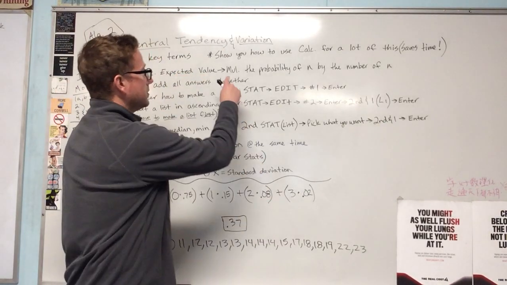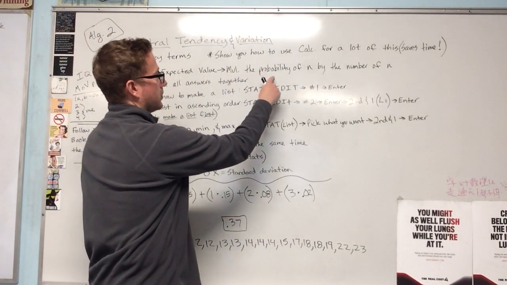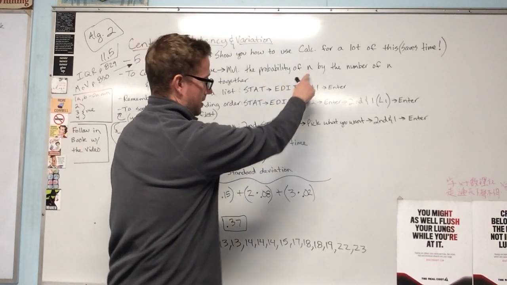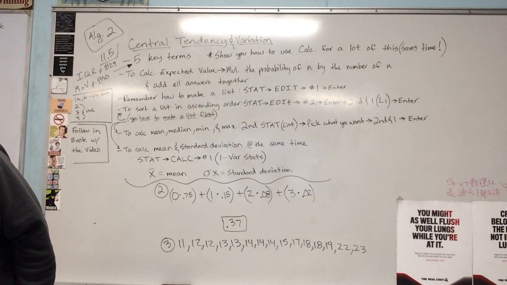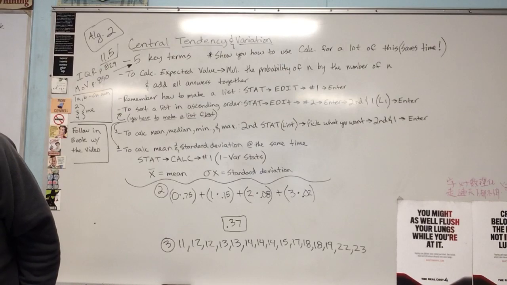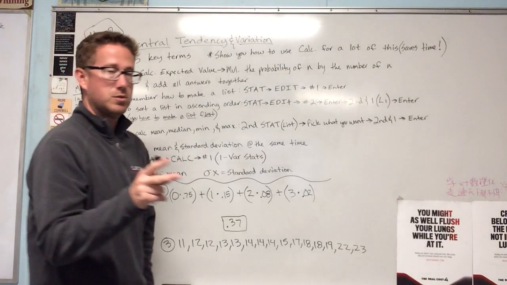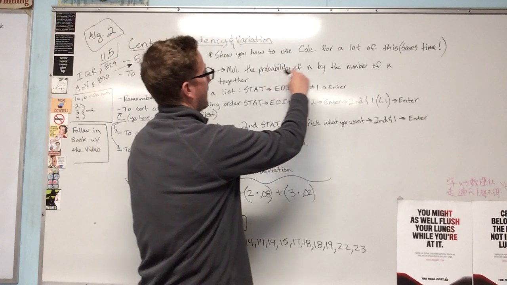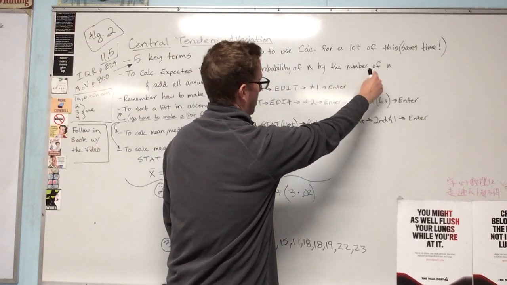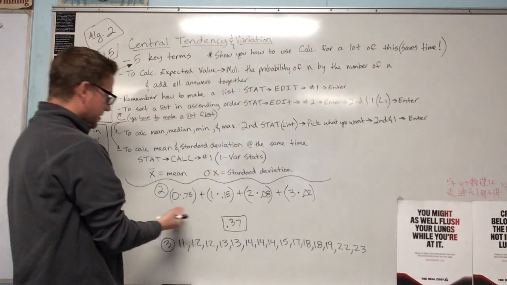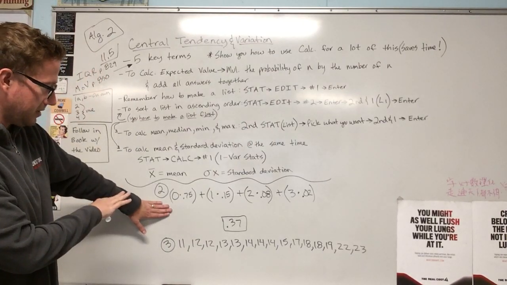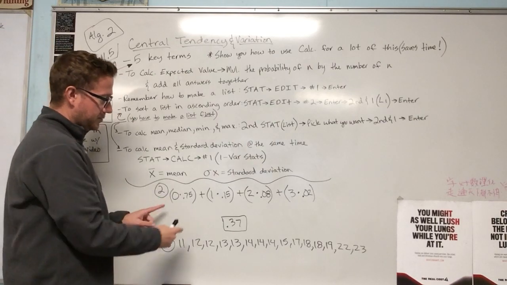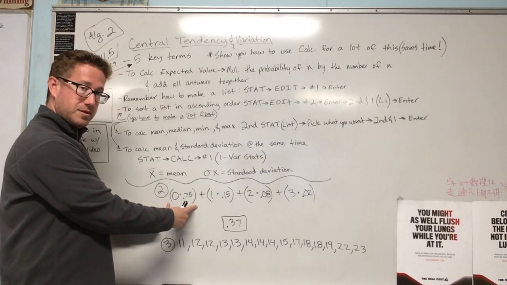Okay? So what you're going to do is you're going to multiply the probability of n. If you look at the chart, what is the probability of n? They give it to you as 0.75, 0.15, 0.08, and 0.02, and you're going to multiply that by the number of n. You're going to see number 2, I've already got it set up here for you. In the calculator, this is really all you would have to plug in, making sure that you do have parentheses.